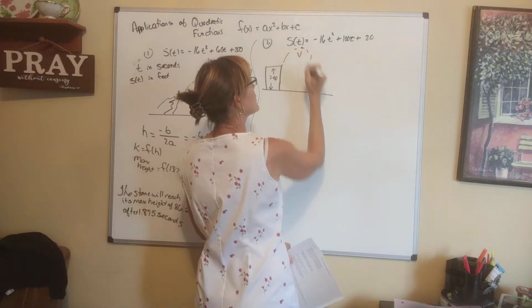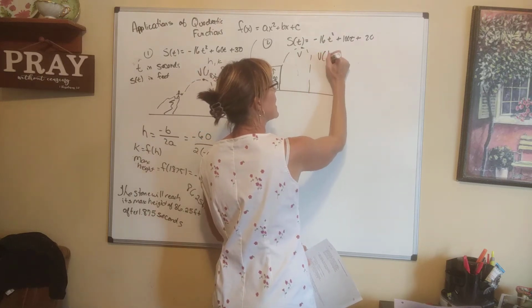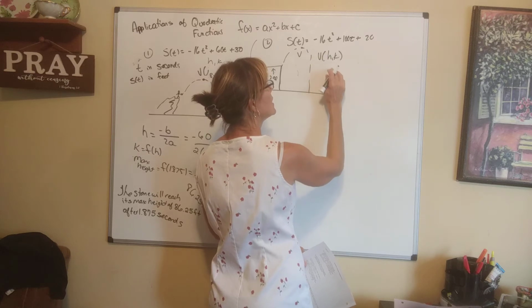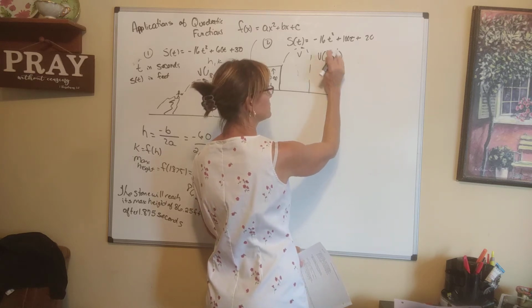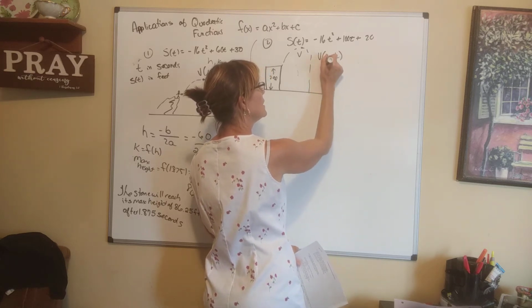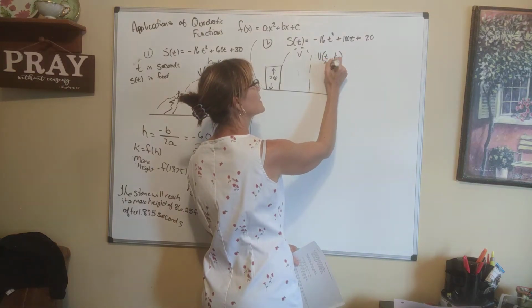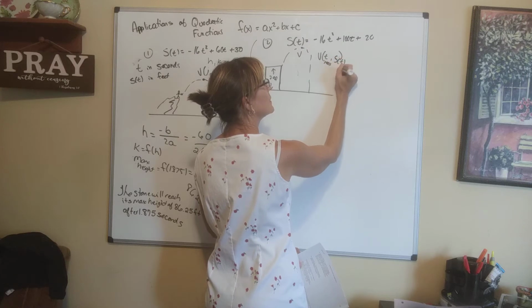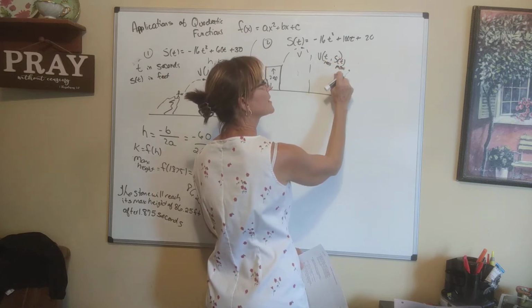And so this is the vertex. So if we can figure out the h and the k, we can answer the question, because h is going to be t. This is going to be t max, and k is going to be s of t max, or that maximum height.